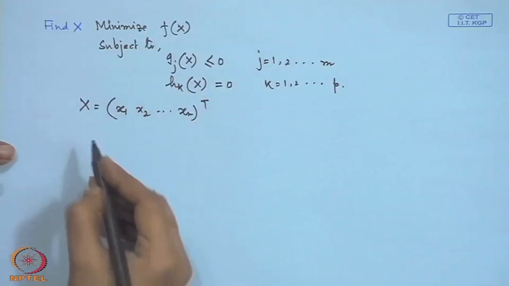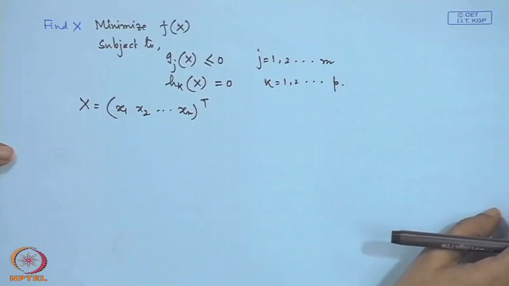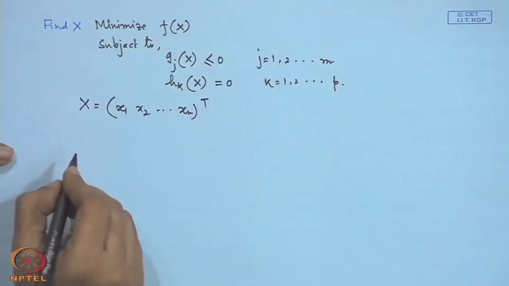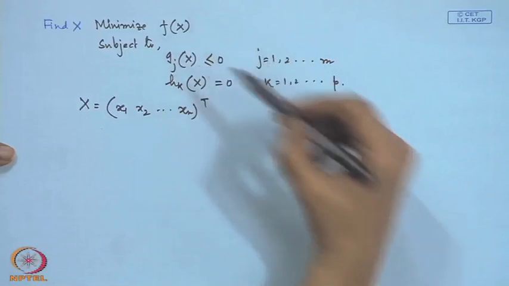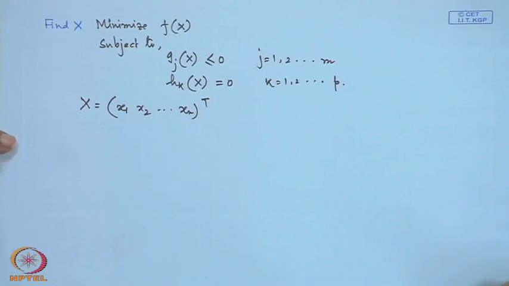In the feasible space, our target is to find the x which minimizes f(x). The functions f(x), g_j(x) and h_k(x) are all nonlinear in nature, and due to the inherent complexity of nonlinear functions, it is not so easy to find the optimal solution in the decision space.